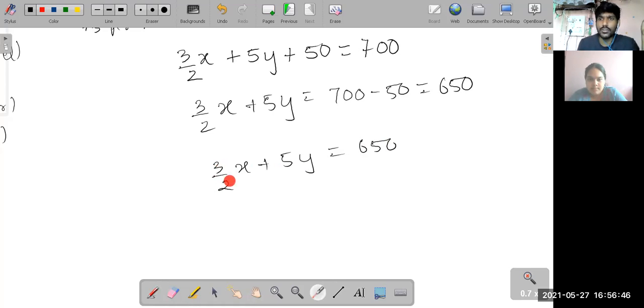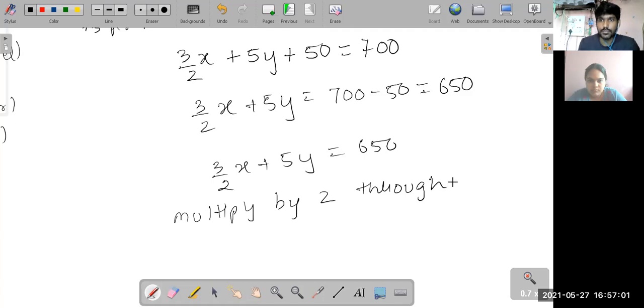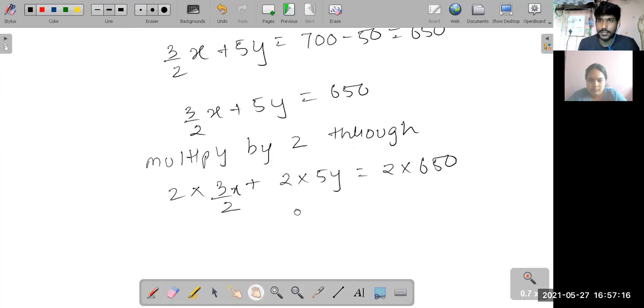So you remove this fraction by multiplying throughout by 2. So you will get 2 into 3 upon 2 x plus 2 into 5y is equal to 2 into 650. Did you understand what I did up to here?